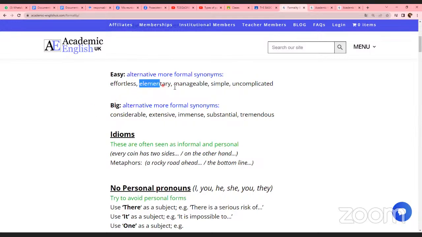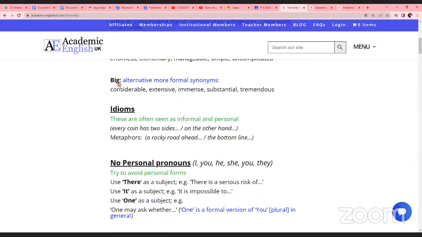Also elementary, manageable, simple. Or how about big? More formal alternatives, or synonyms, could be considerable, extensive, immense, substantial, and tremendous. So instead of writing there is a big difference, there is a considerable difference, an immense difference, a tremendous difference.